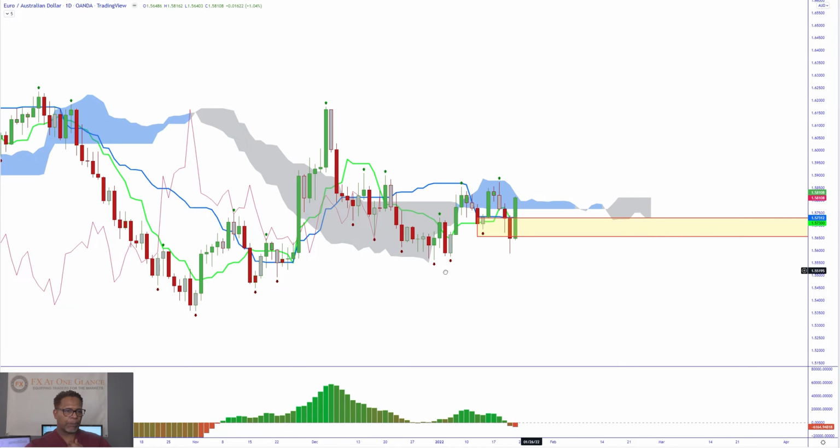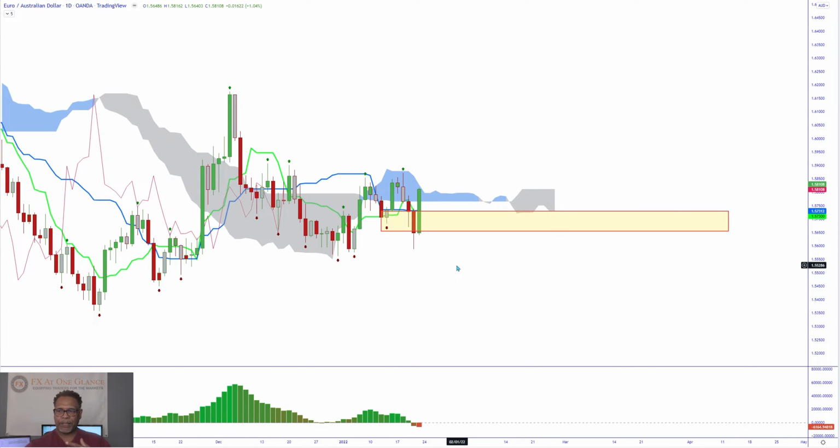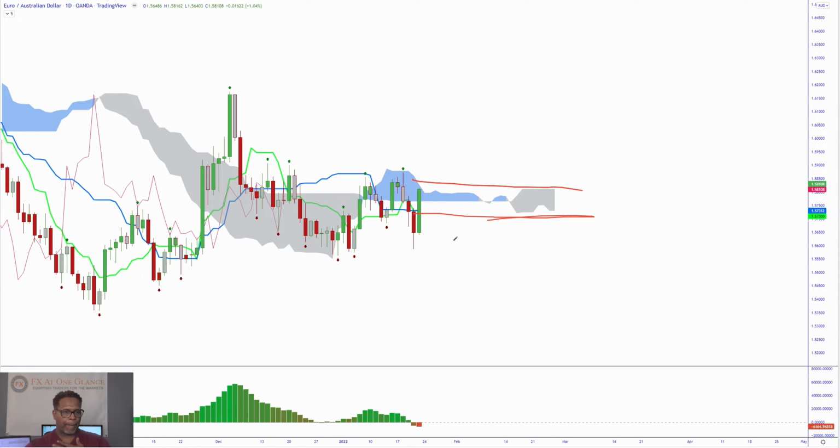I don't want to mix up too many concepts to make everything more confusing, so I'm not even going to talk about the order blocks. But look at what the cloud is doing. The cloud is kind of flat. Your cloud is right here. If you want to see what the market is doing, then make levels on your cloud.